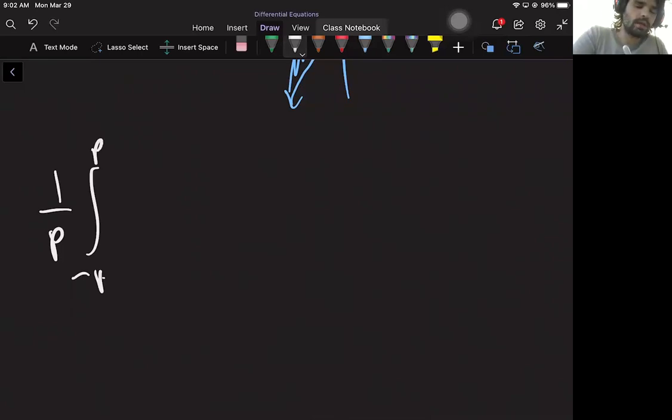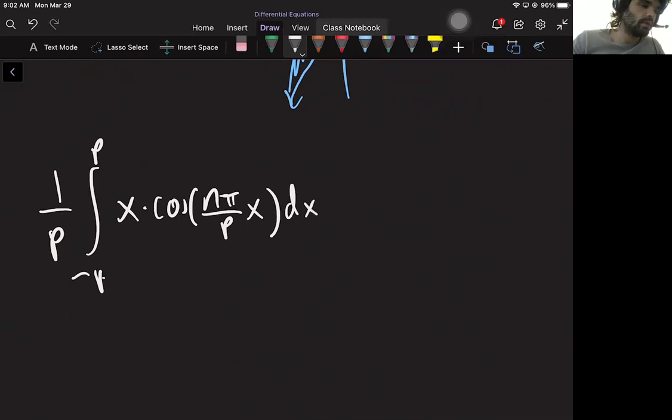So now my function is x, so that's what's being multiplied to the cosine of pi over p times x. So this time I'm keeping p the same, not changing it. And this will also be, luckily, 0 without having to do a bunch of work.